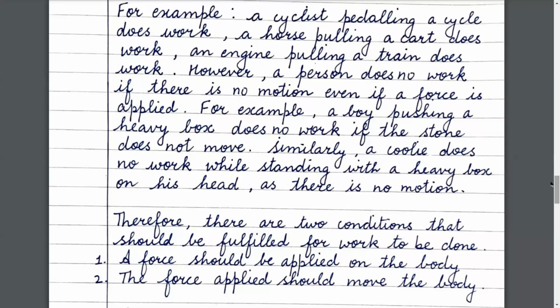Therefore, work is said to be done if the force applied on the body moves the body, and if no motion or change in position takes place, then no work is done. For example, a cyclist pedaling a cycle does work. A horse pulling a cart does work. An engine pulling a train does work.